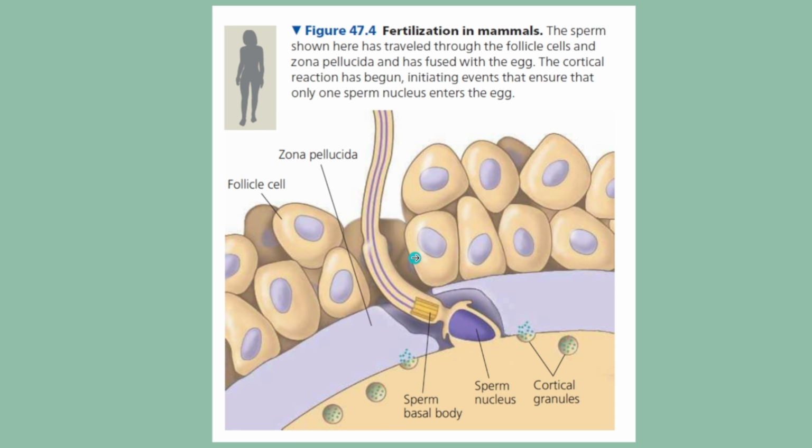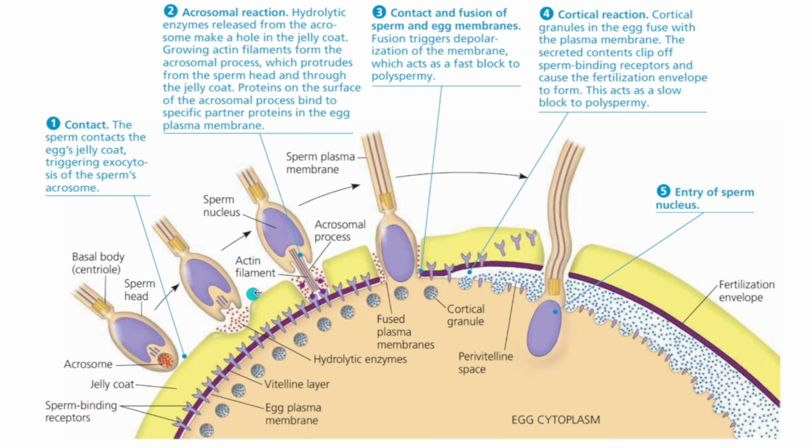Okay, so what is the acrosome reaction? You can see here where the sperm reach here, then they will bind to the receptor we call the ZP3 molecule that will trigger the acrosomal reaction. So what is the acrosomal reaction? The sperm will release hydrolytic enzyme to digest the zona pellucida.